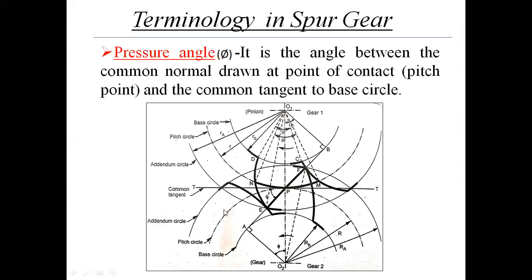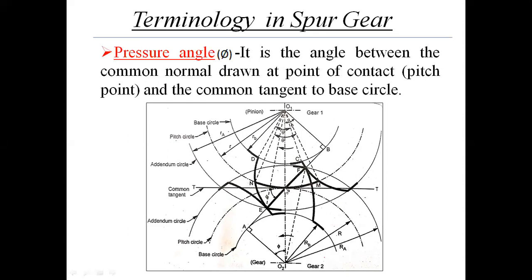So now pressure angle is the line passing through the common tangent point. The tangent point you can see on the pitch circle of both the wheels. This is the pitch circle of pinion, this is the pitch circle of gear.